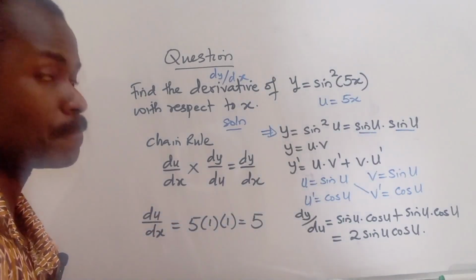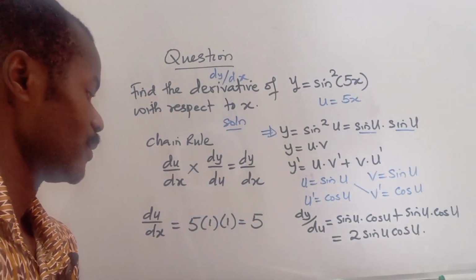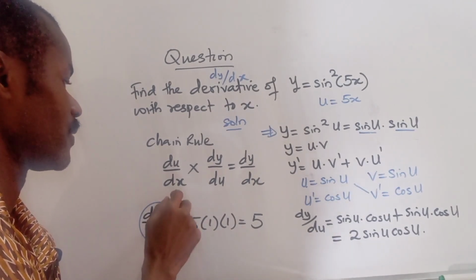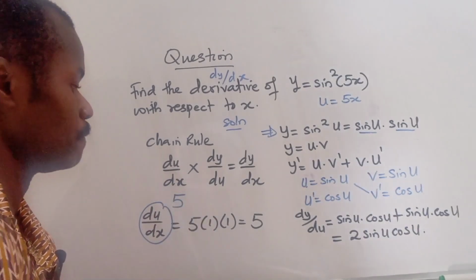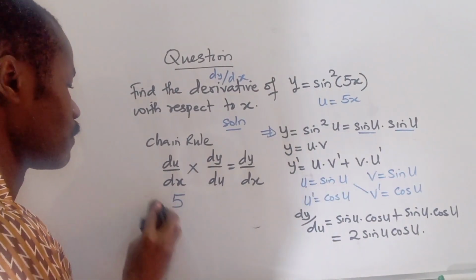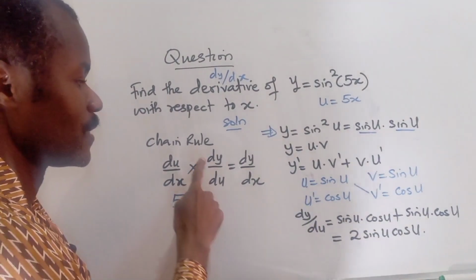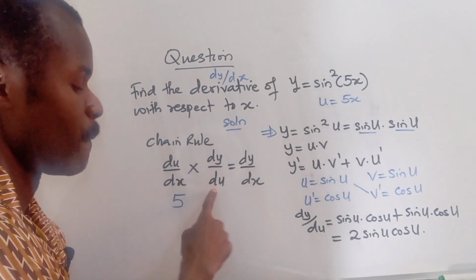Of this. So on one part, we have gotten this as 5. So I want to write it here, 5, multiplied by this, because that is our dy du.